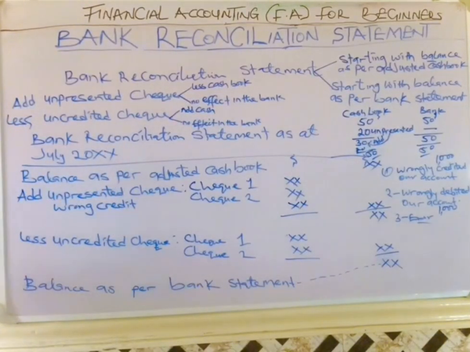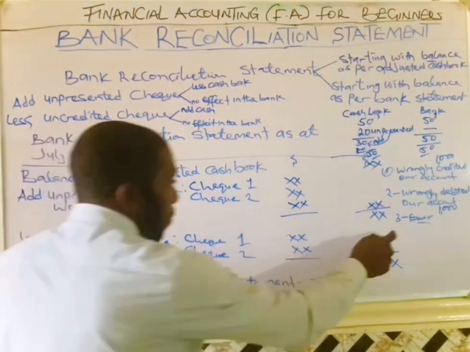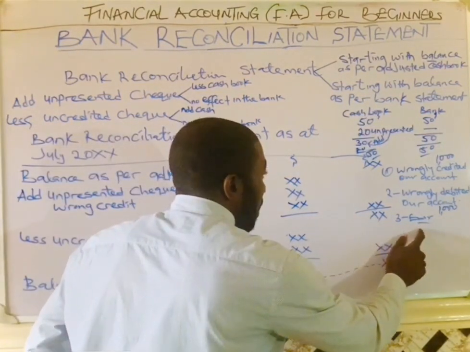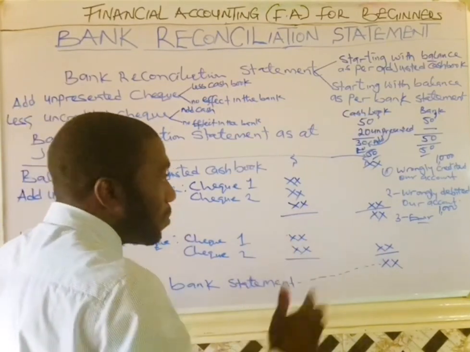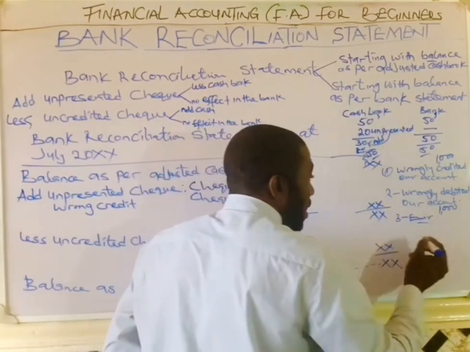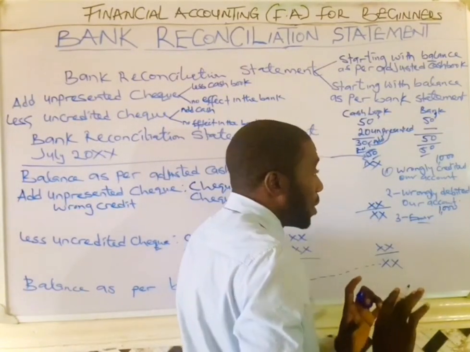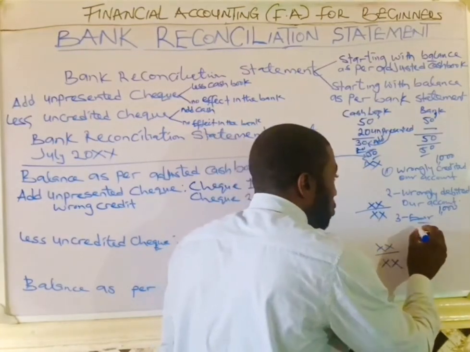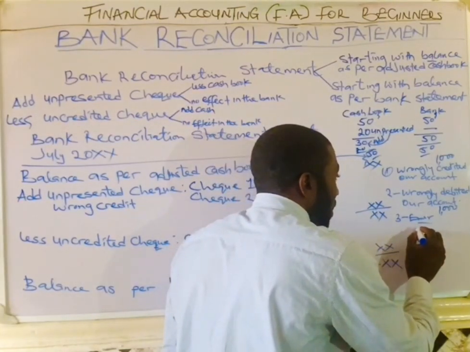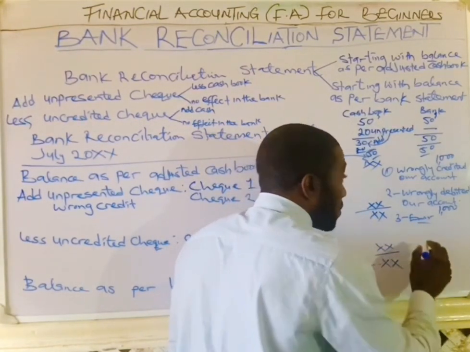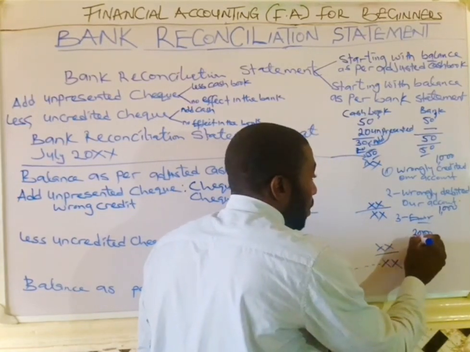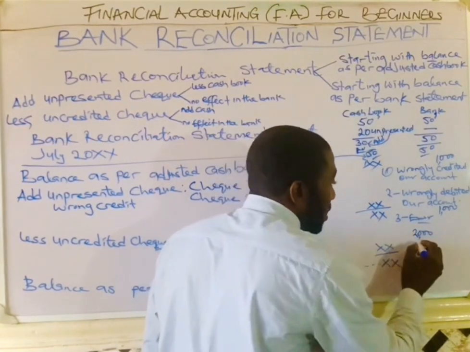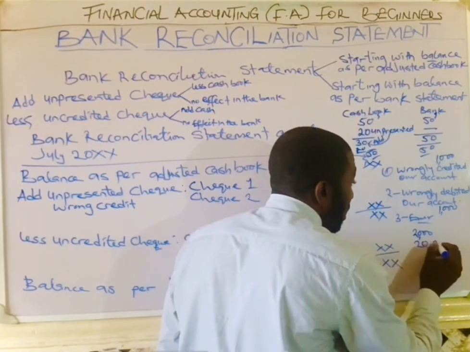So if there is an error that overcasts the bank statement balance, say it's not a full amount, that is what we mean by error. The bank is supposed to have credited your account with 2,000, but they wrongly credited your account with 20,000.